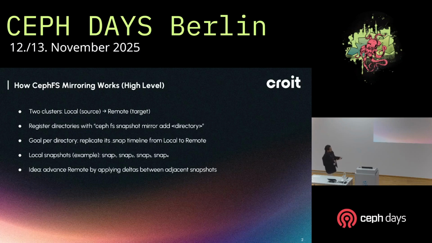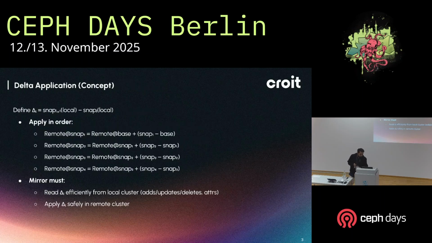We have an example with local snapshots. Let's say snap 1, you take snap 2, snap 3, snap 4. The idea is to take the delta between, let's say, snap I and snap I plus 1, and transfer that delta to the remote cluster. That's the most optimized way, instead of completely synchronizing the whole snapshot. The delta application concept is not very complicated.